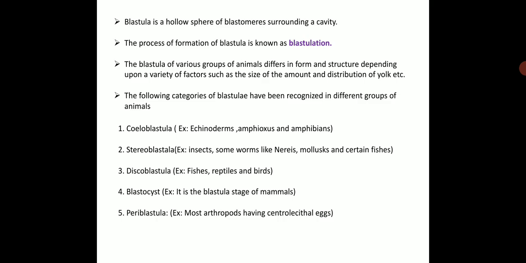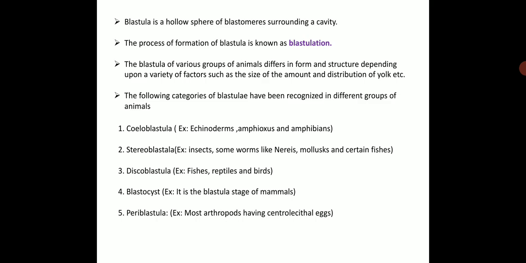Stereoblastula is found in some insects, worms like nereis, mollusks, and also certain fishes. Discoblastula is found in fishes, reptiles, and also in birds. Blastocyst is the blastula stage of mammals.